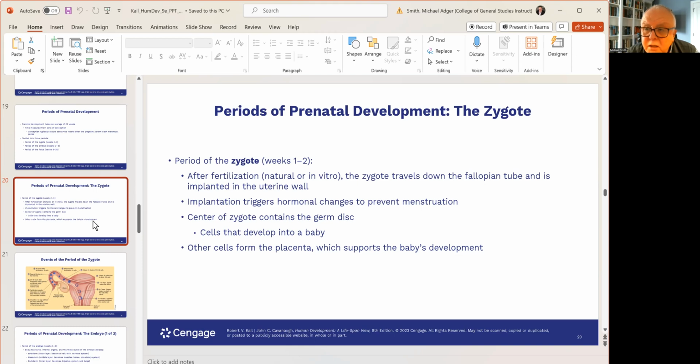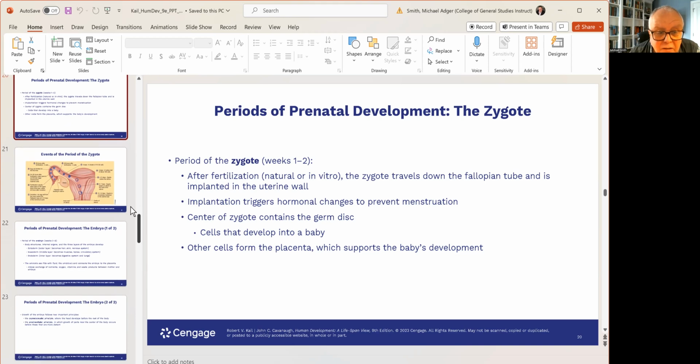So starting with 1 cell from 1 sperm and 1 egg, it develops into billions of cells, and cells develop into a baby. Other cells form the placenta, which supports the baby's development. Those are blank cells, if you will, that are used in the growth process.